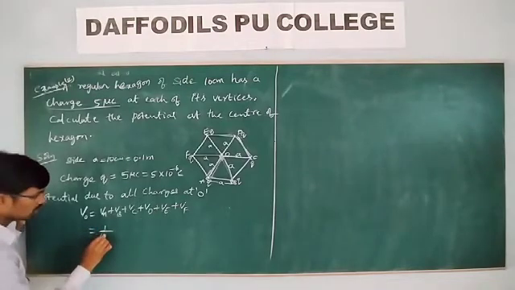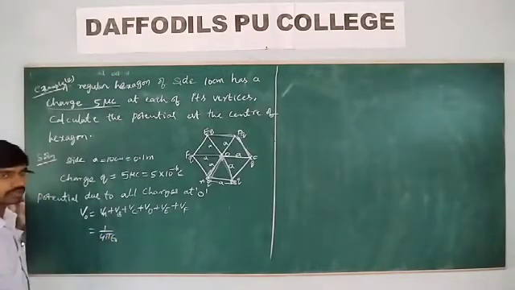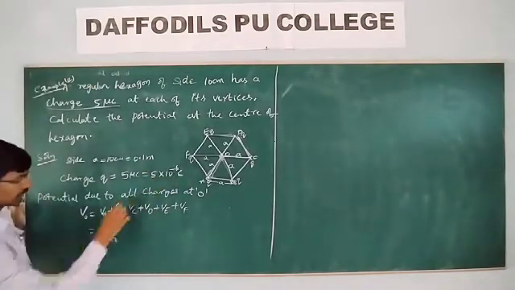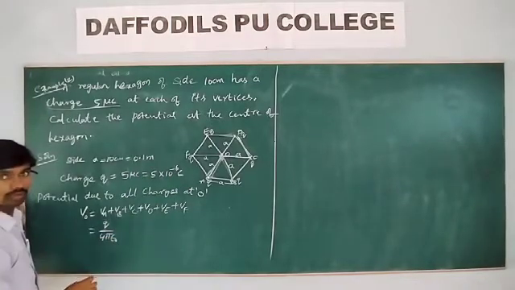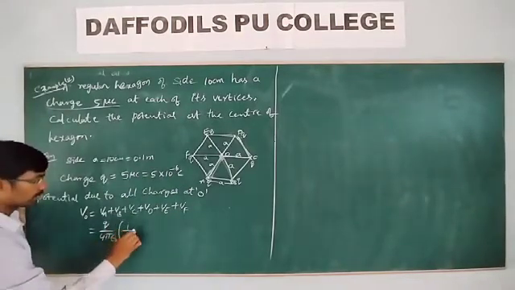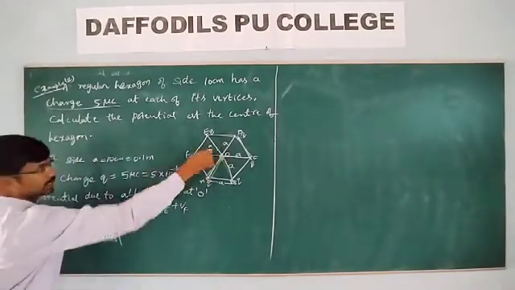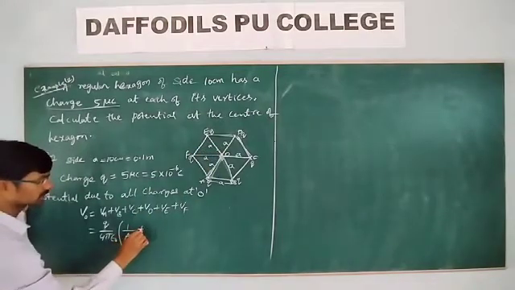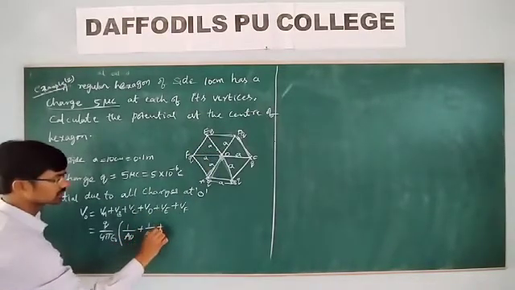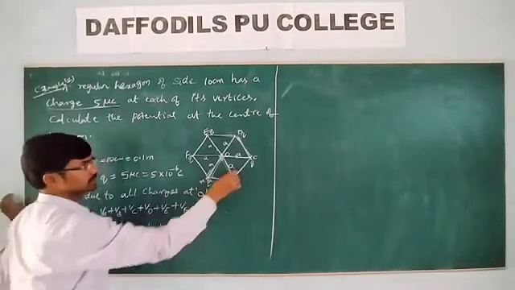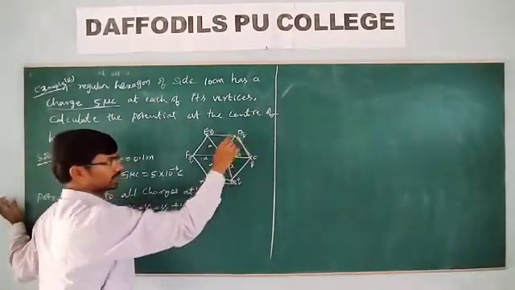That is equal to 1 by 4 pi epsilon naught, Q is same charge for all, then Q times 1 by AO plus BO plus CO and so on.